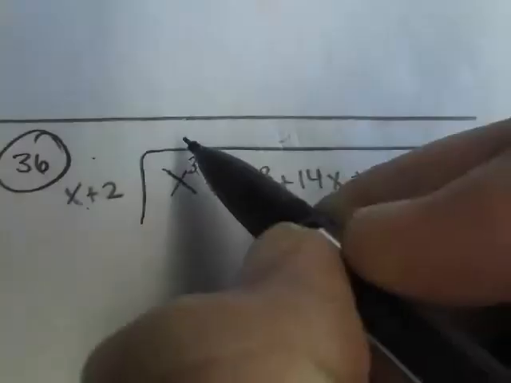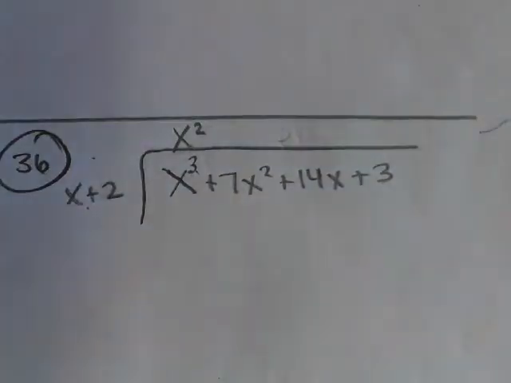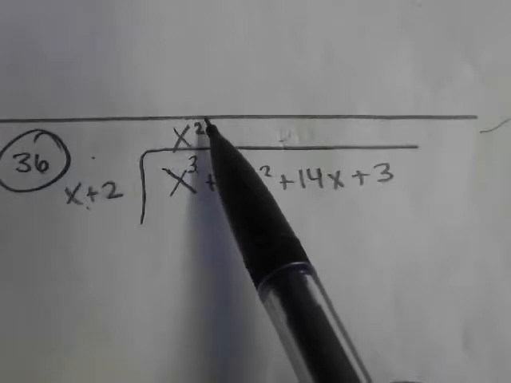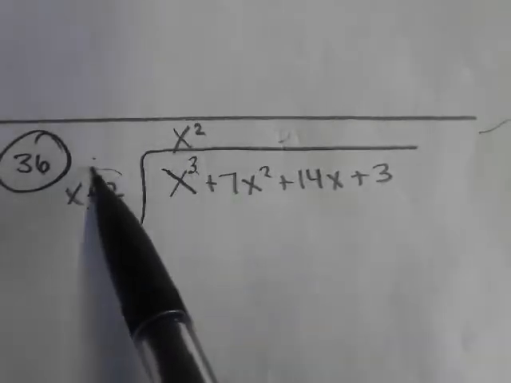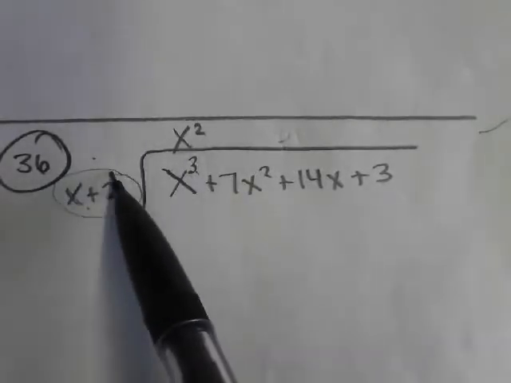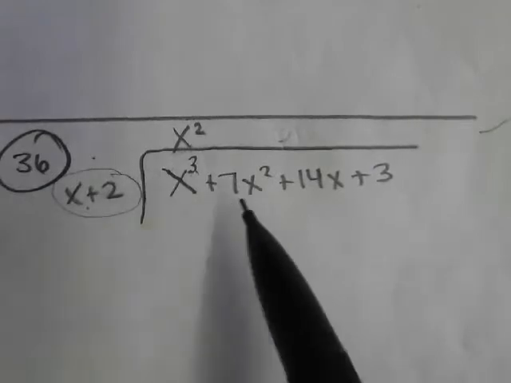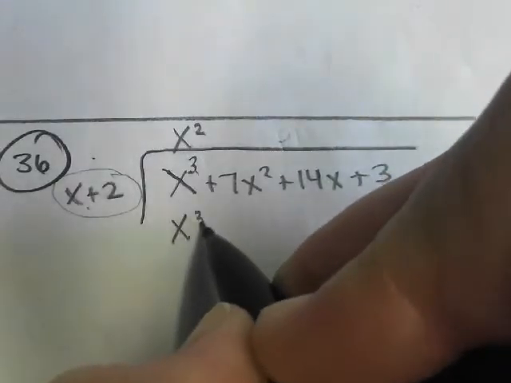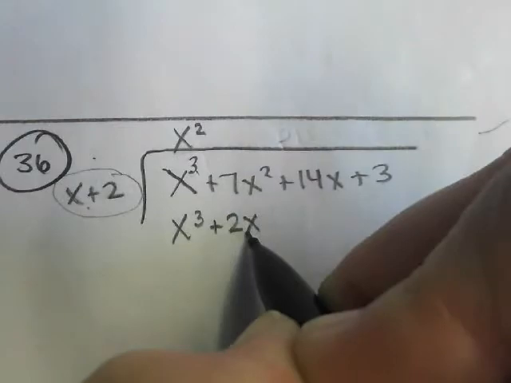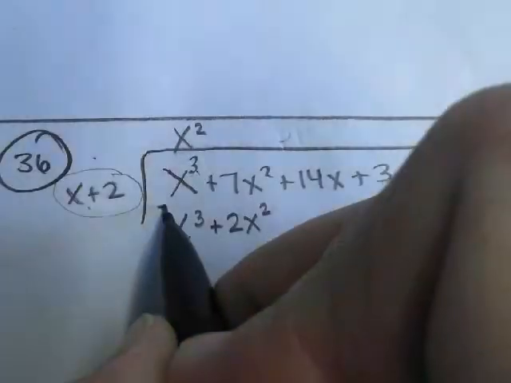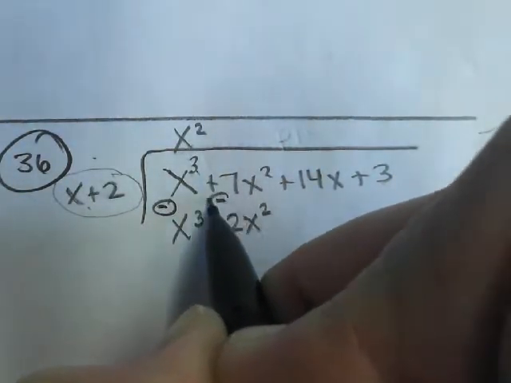X squared. And then once I put that up there, I take that and I multiply it by this entire binomial out in front and line things up appropriately. So I have x cubed plus 2x squared. And I do subtraction.